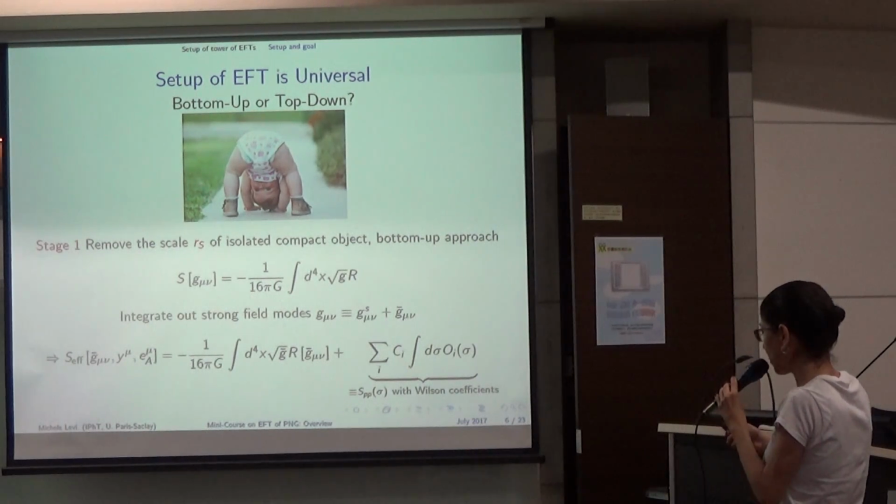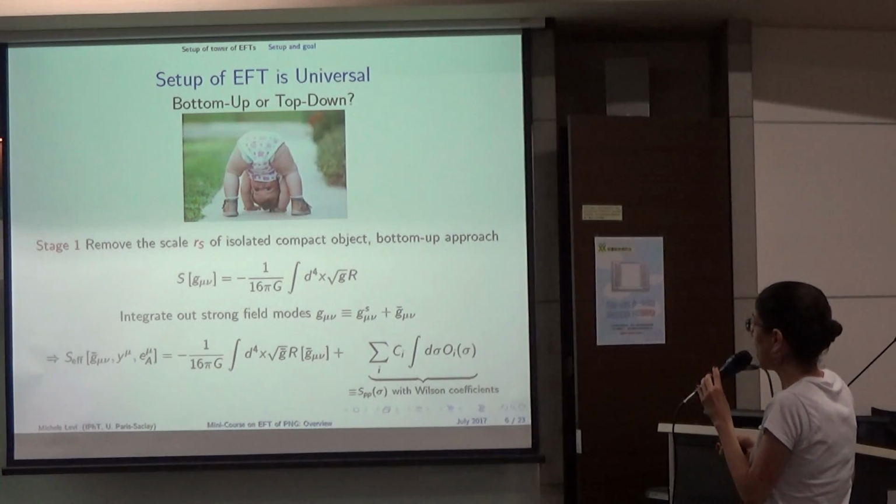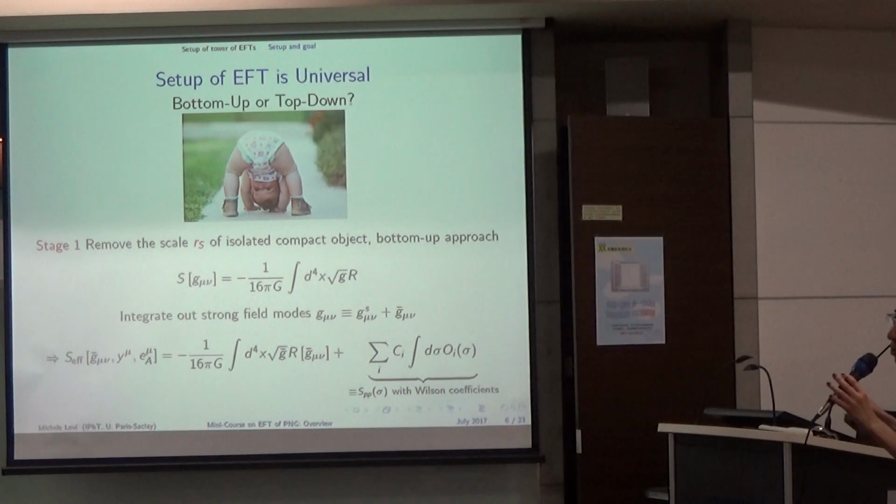We start by having the full theory. The full theory is just the pure gravitational Einstein-Hilbert action, or whatever modified gravity action you would choose to start with. And then we think about some abstract decomposition of the field. We think about decomposing the field into the Fourier modes, which are the high energy, or high momentum Fourier modes, and the low Fourier modes.